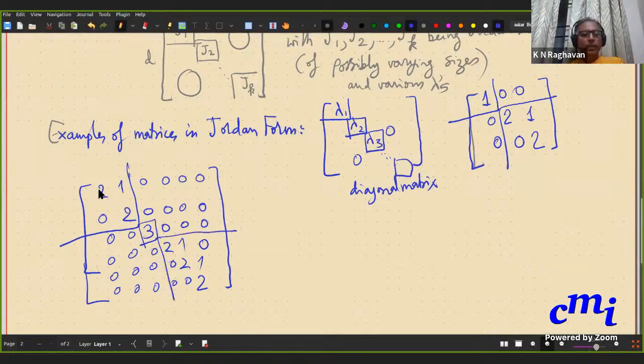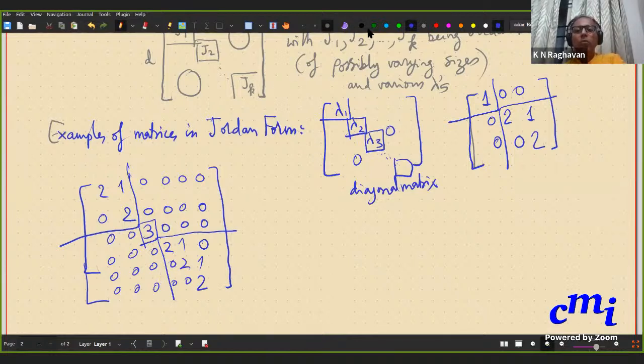It's okay that these two is the same as this two. We don't care. They are possibly varying lambdas, but they could be the same. The sizes could vary, the lambdas could vary, they could be the same, the sizes could be the same. As long as these are Jordan blocks, they're okay.